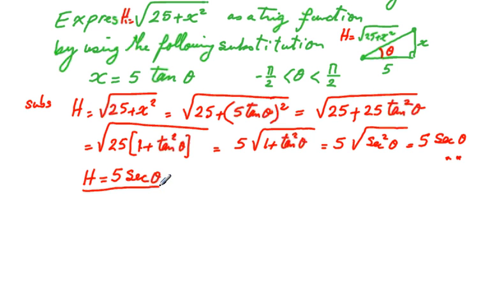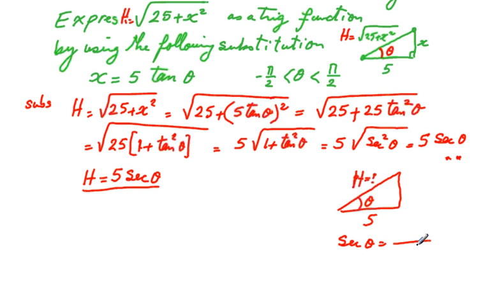Now, was it possible to bypass this and get the answer in a different style? Yes. If I was in this situation, this is theta. This is 5. What is the hypotenuse? This is the hypotenuse I am trying to find. What is the connection? What formula connects these things to each other? For example, if I say secant of theta, what is secant?